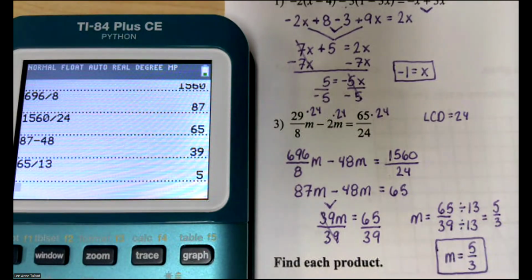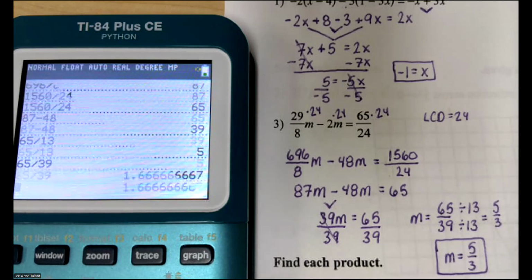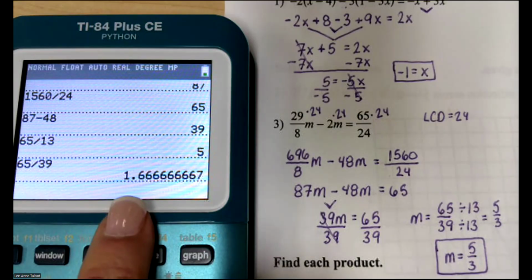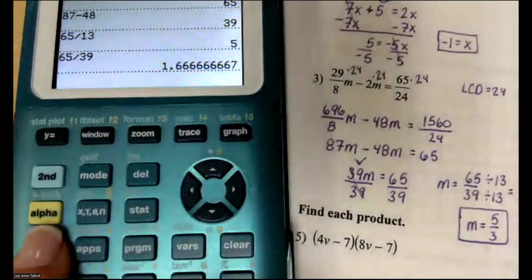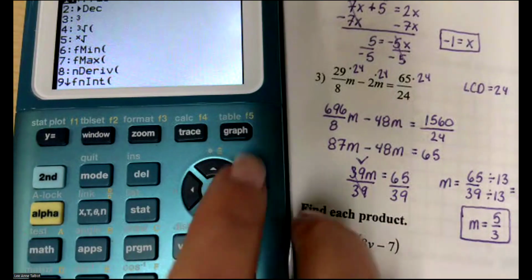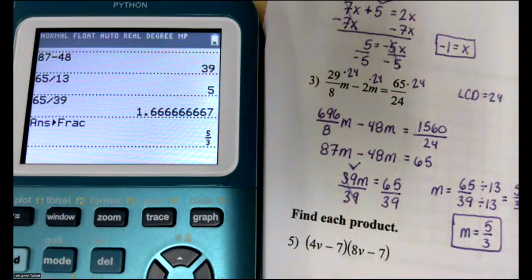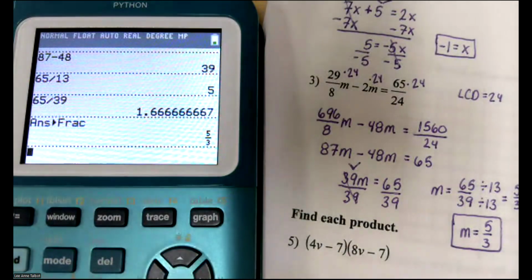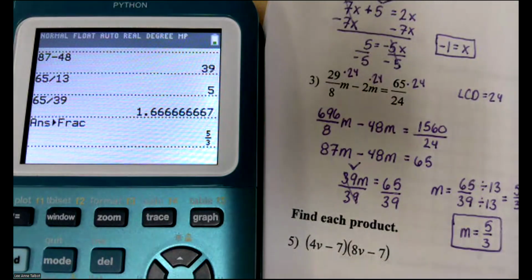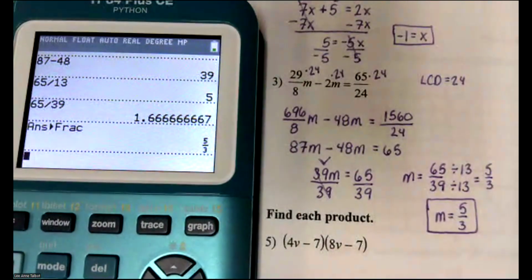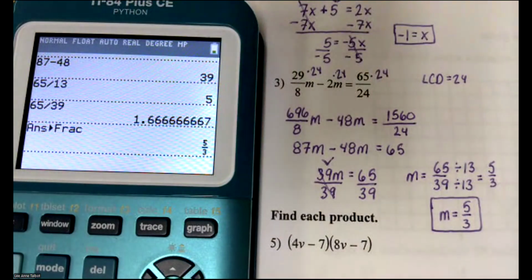Okay, now just a quick note. Because I'm a lazy human being, I probably do 65 divided by 39 and see that it was a horrible, terrible repeating decimal. And then on my calculator, I would hit the math button, and the very first thing is to change something to a fraction. So that's probably what I would do because the 13 might not occur to me. All of your calculators have a way to turn things into fractions.